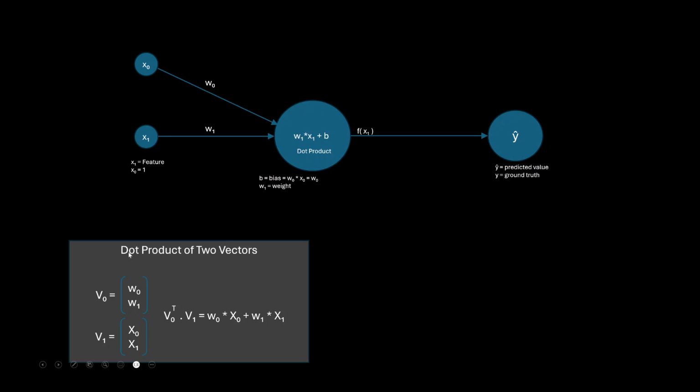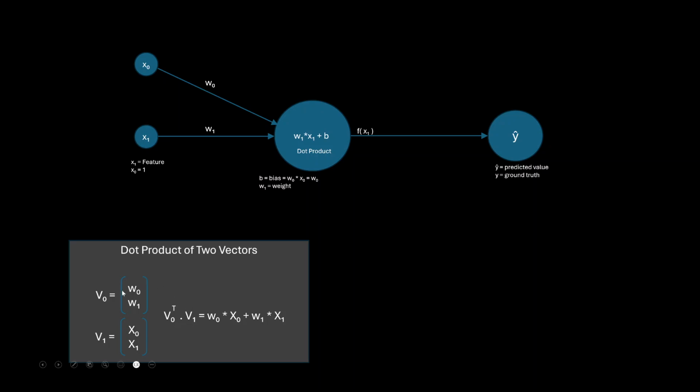So this is really quick, the dot product of two vectors. We have vector v0 that has these elements, w0, w1, and vector v1 has these elements, x0, x1. And we're going to talk later more about dot products. This is really a very simple case.